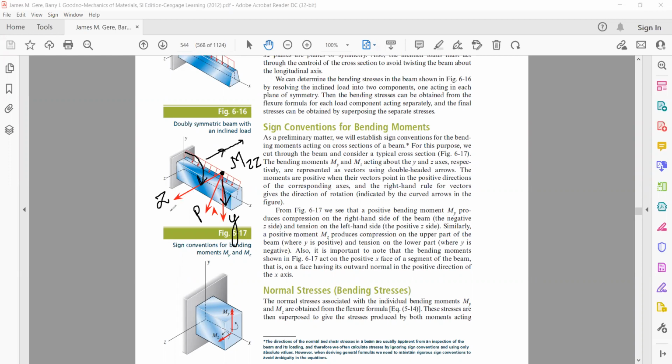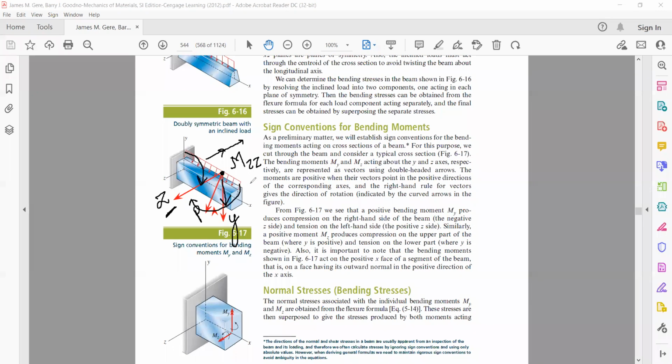Now, if you look at the load along direction Z, it's also trying to rotate the beam, in this direction, like this. So if you curl your fingers, your thumb will be in the downward direction, because it will try to rotate the beam in this direction.